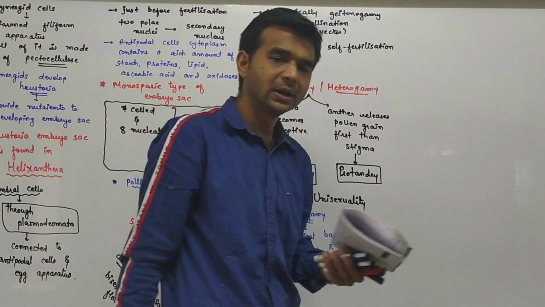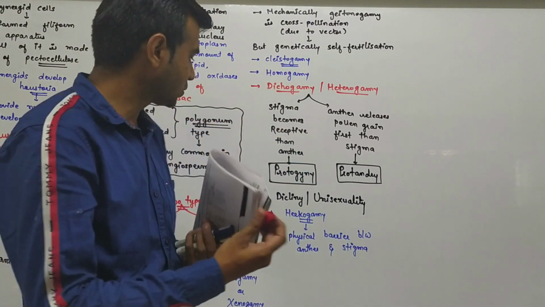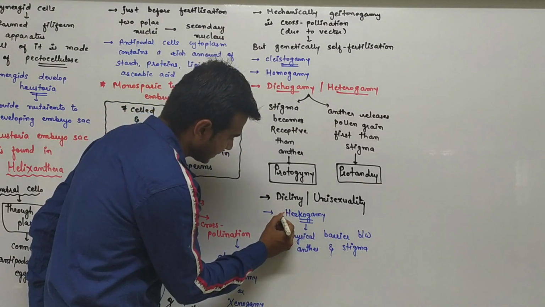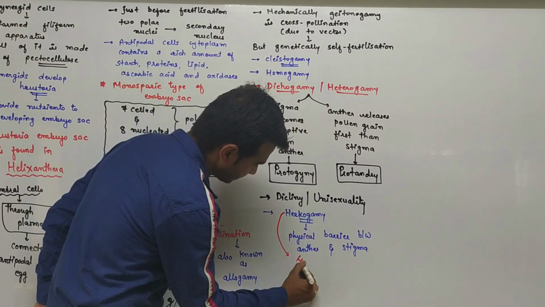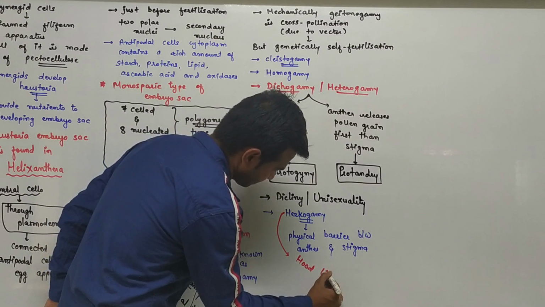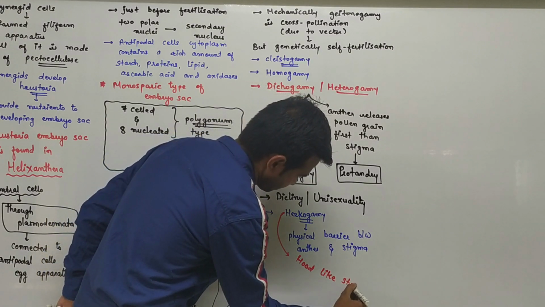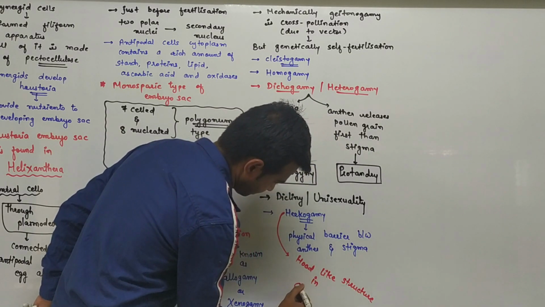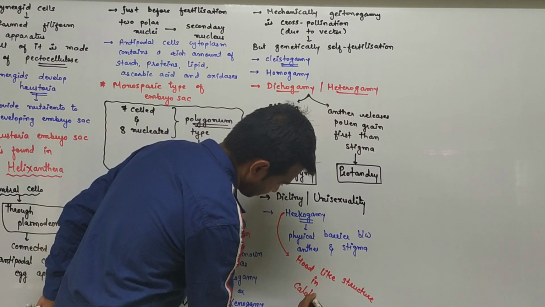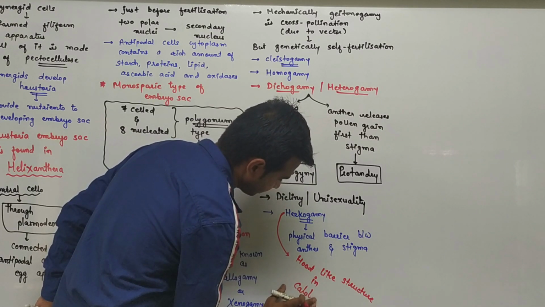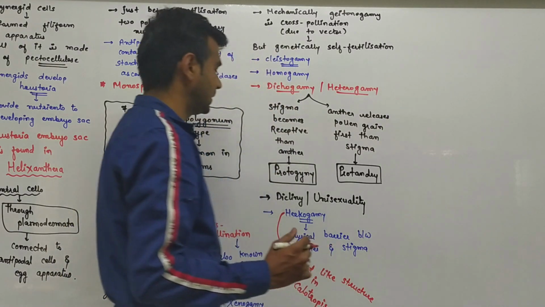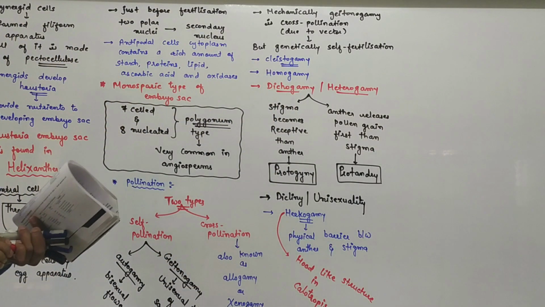That is known as hercogamy. So, hook-like structure in Calotropis. That is the example of hercogamy.